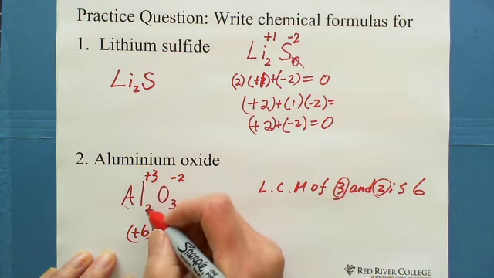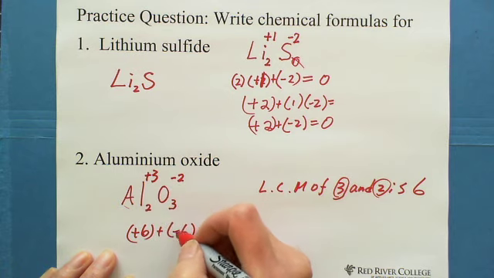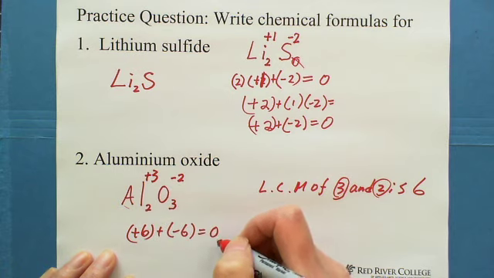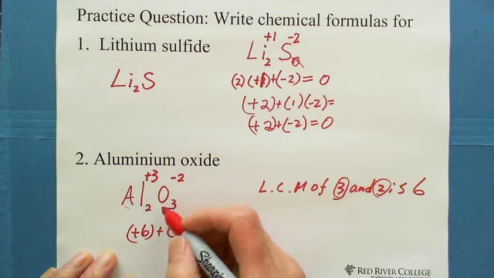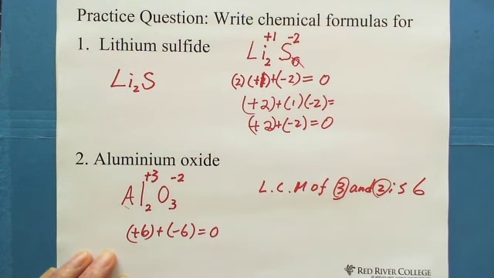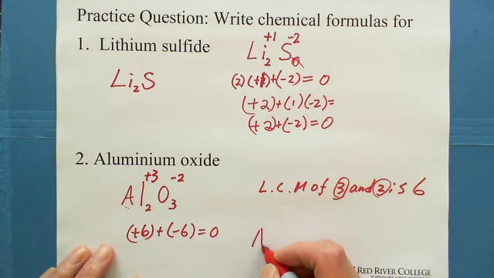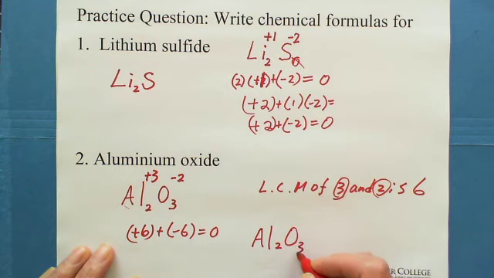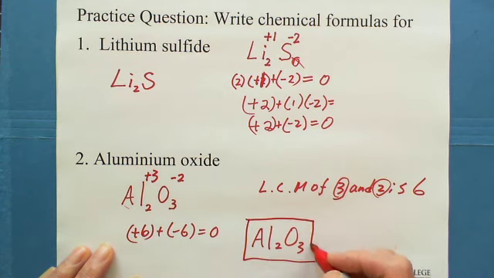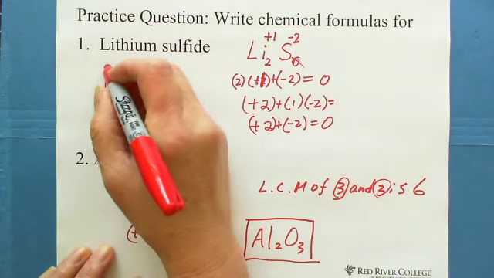That's why they make positive 6 and negative 6, becomes 0. So the formula for aluminum oxide is Al2O3, because we need to remove the charges. This is the formula, okay?